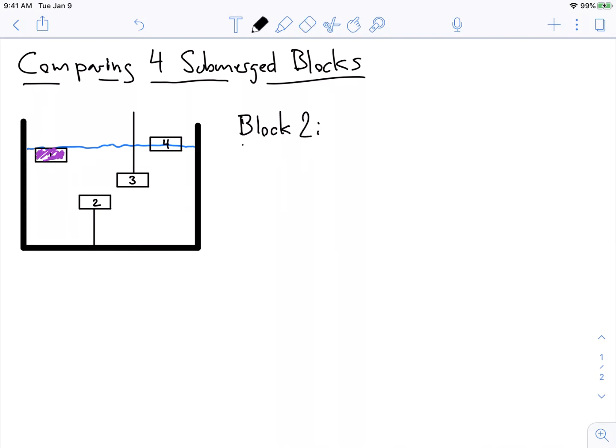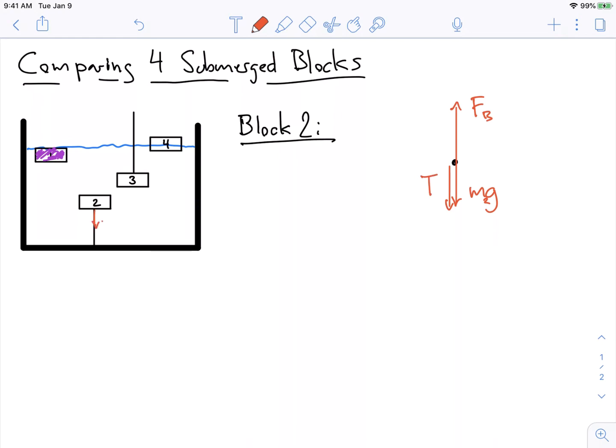Let's look at block 2. What do we have with block 2? Let's do our free body diagram, as we usually do. What are my forces? I've got a force acting up, which is the buoyant force. I've got a force acting down, which is the force of gravity, m2g. And I also have this other force acting down, which is the tension force from the rope.